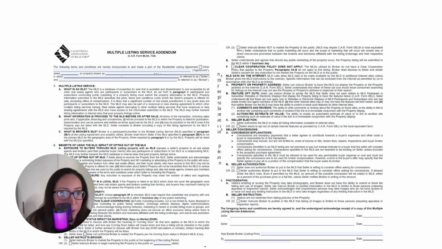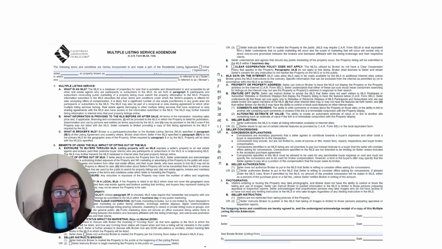Public marketing of the property, coming soon. In paragraph 3D, the default verbiage is that the broker is going to begin to market the property to the public on the beginning of the listing period. So if you recall, that is actually the date listed in 2A1 that we discussed.